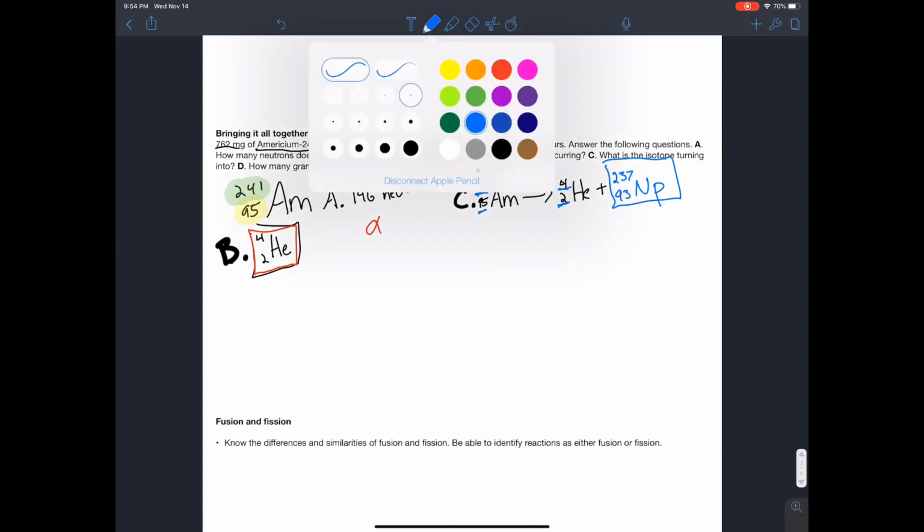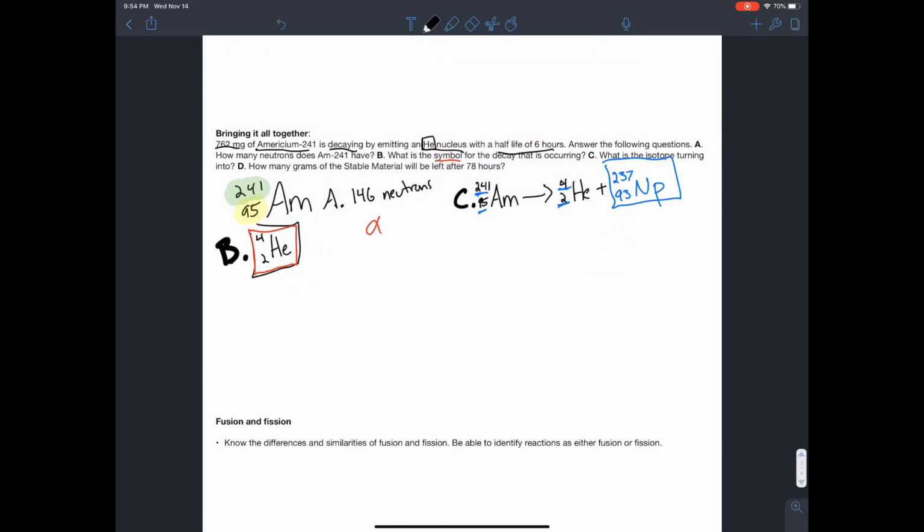Now lastly, D. We're being asked how many grams of the stable material will be left after 78 hours. Again, we're trying to figure out how much of something is left after a certain amount of time. However, one thing I want you guys to notice is it's asking for stable material.